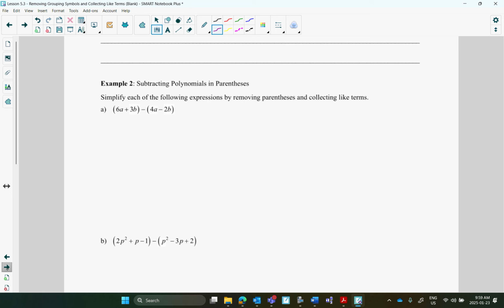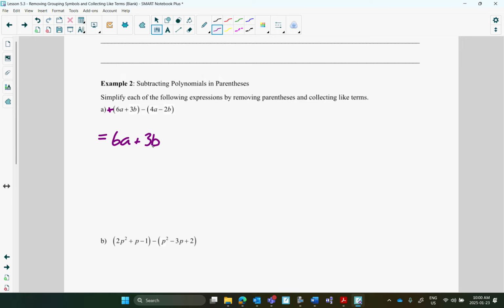Again, before we come up with a rule, let's look at what happens here. Okay, so this next example. Well, there's nothing in front of the first set of parentheses, so we assume it's positive, which means we can just take out the parentheses and nothing changes.